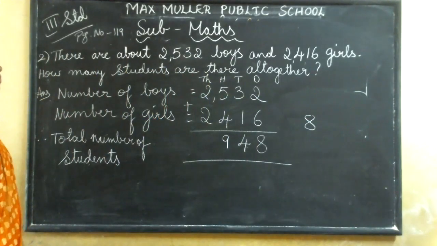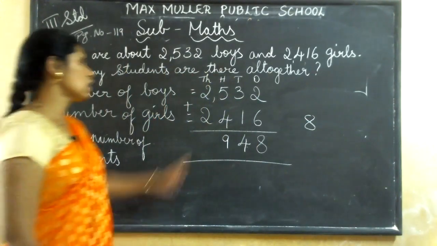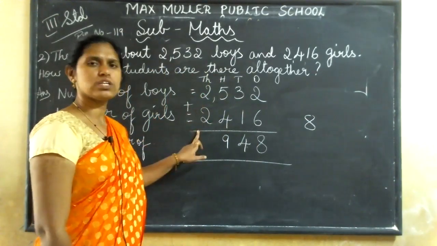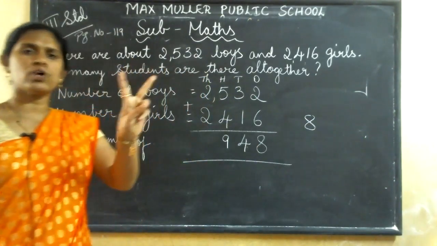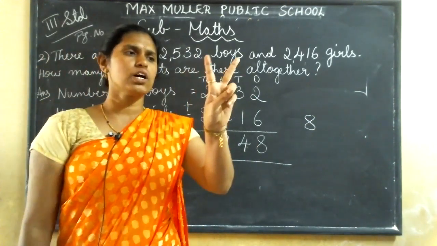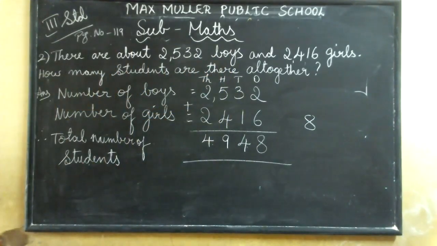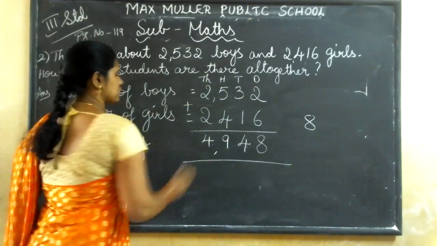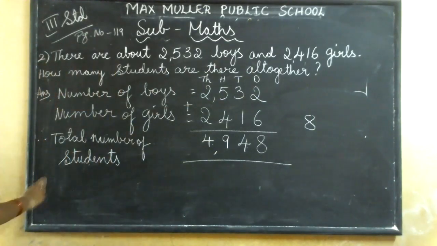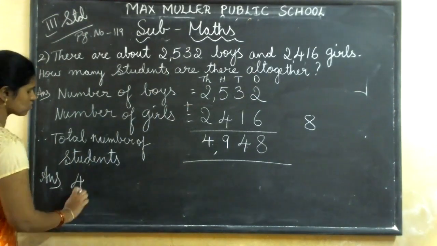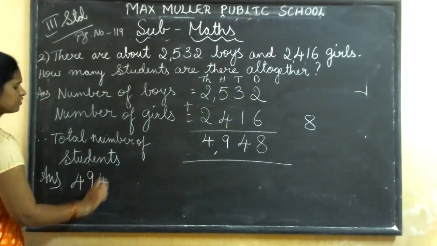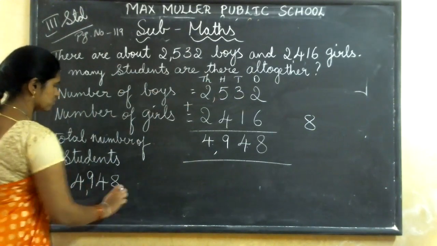Next, in the thousands place, what is the number they have given? 2 plus 2. 2 in your mind, 2 on your finger. After 2: 3, 4. So answer 4. So total number of students is how much? 4,948. So the answer is 4,948 students.